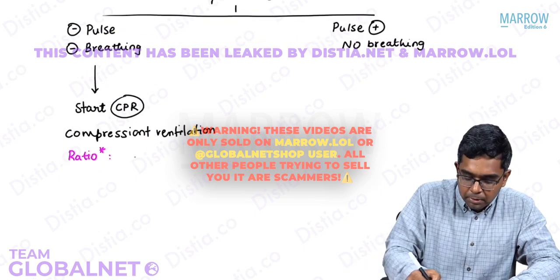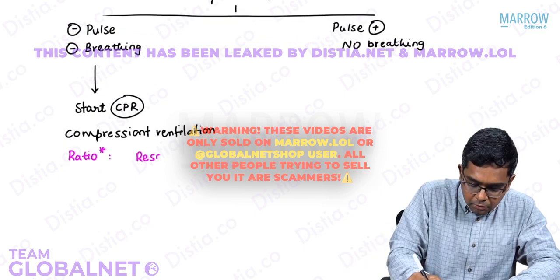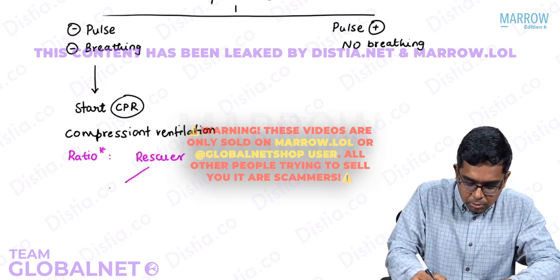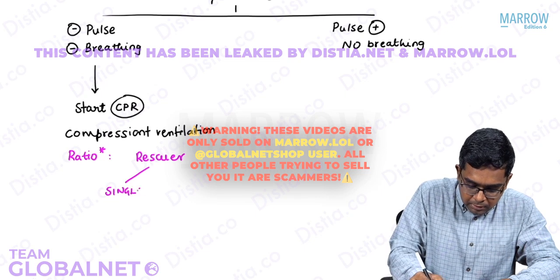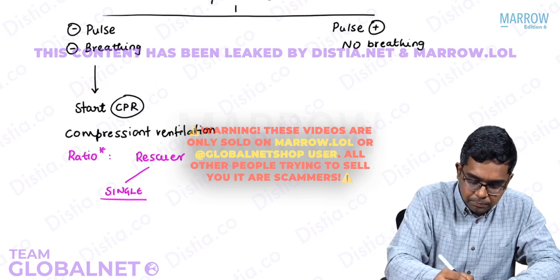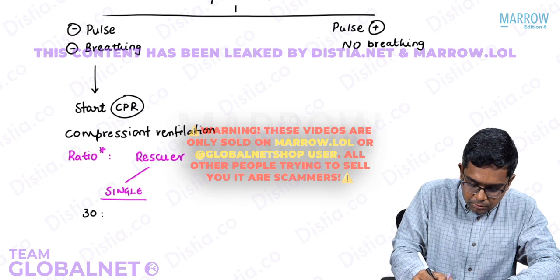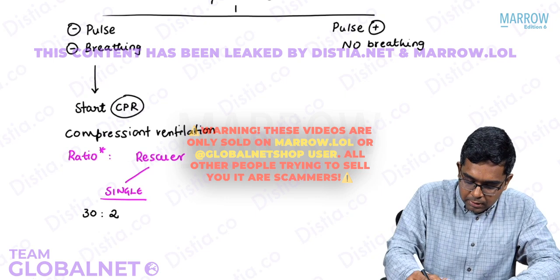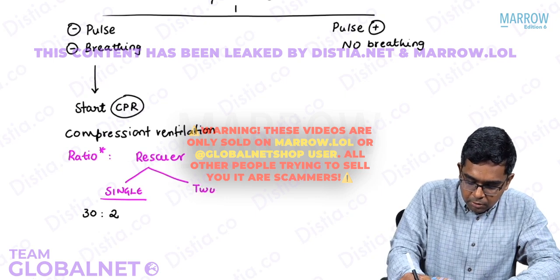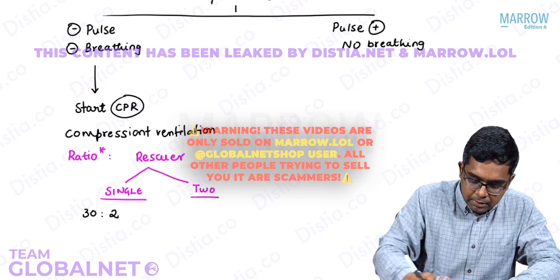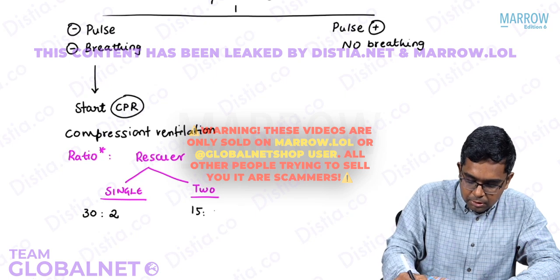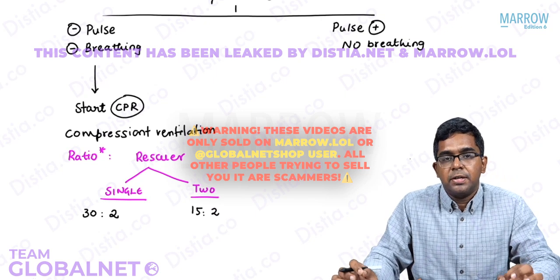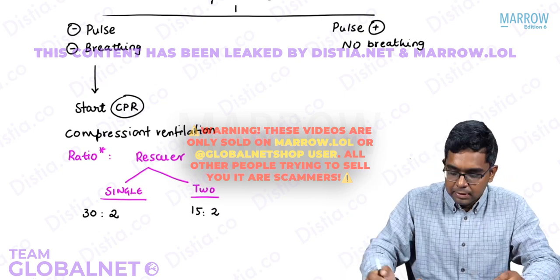This is an important question as well as something which we need to know at the time of resuscitation. It depends on how many rescuers are available for resuscitation. Suppose you are the single person or the lone rescuer, then compression ventilation ratio is 30:2. 30 compressions and 2 ventilation. Suppose there are 2 rescuers available for resuscitation, then the ratio would be 15:2 because they can coordinate better. So remember, ratio will vary according to number of persons available for resuscitation.